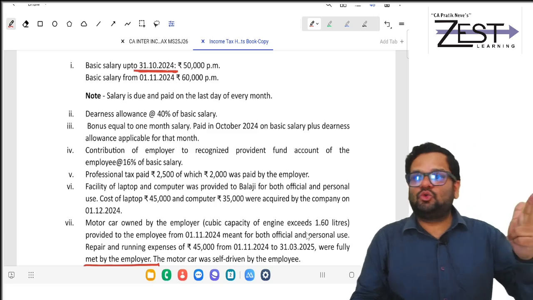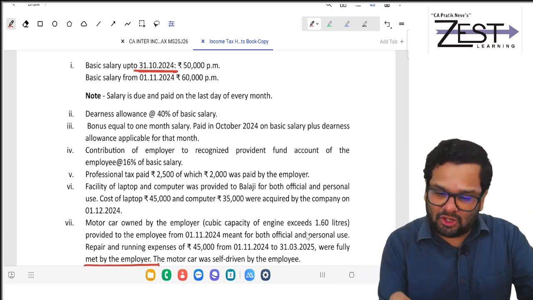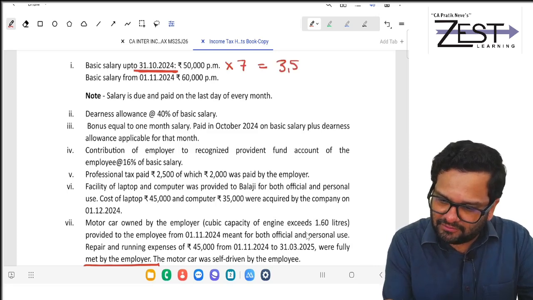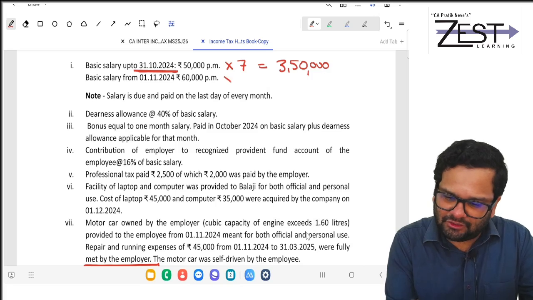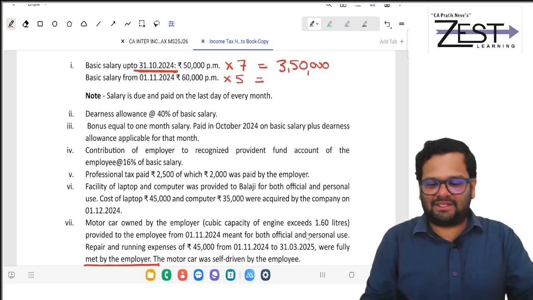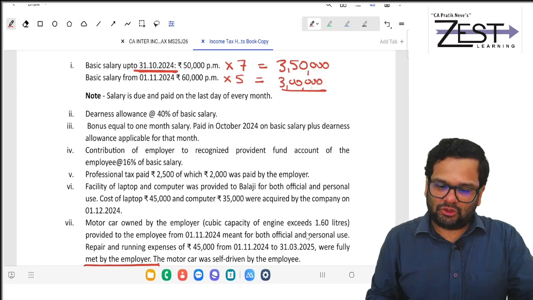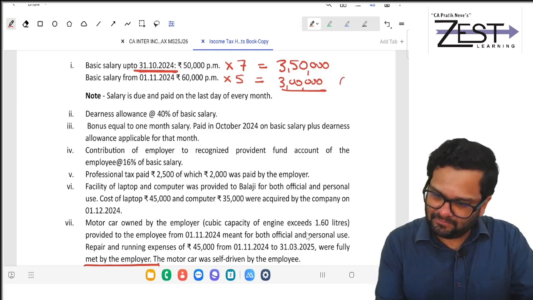April, May, June, July, August, September, October. So 7 months. Check. And for the next 5 months, 60,000. So it would be 3 lakhs. So total 6 lakh 50,000. Agreed, na?